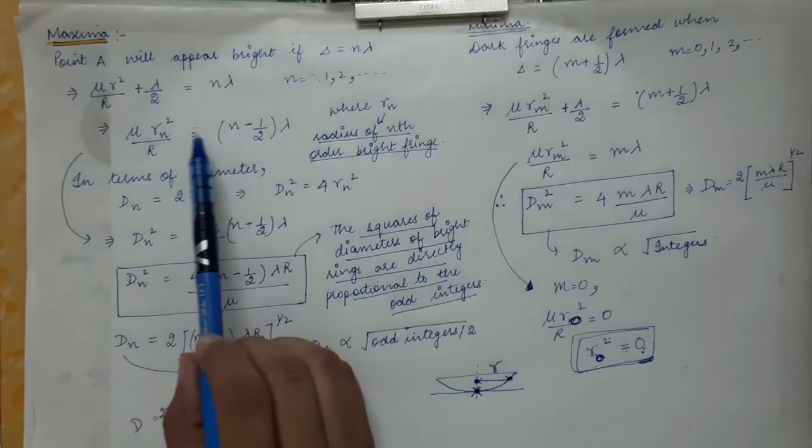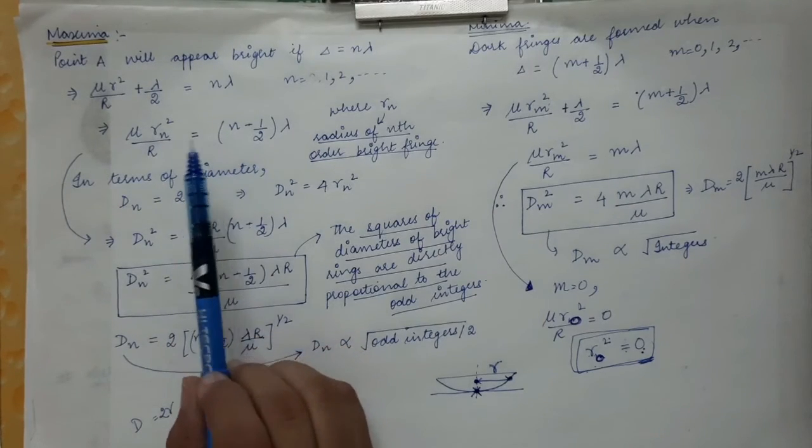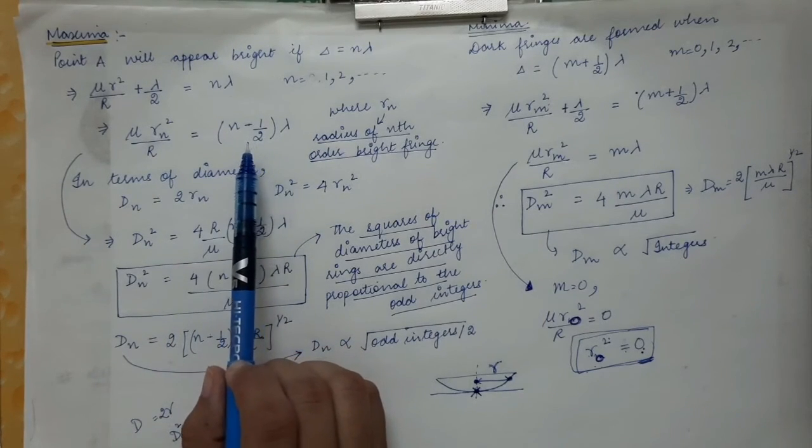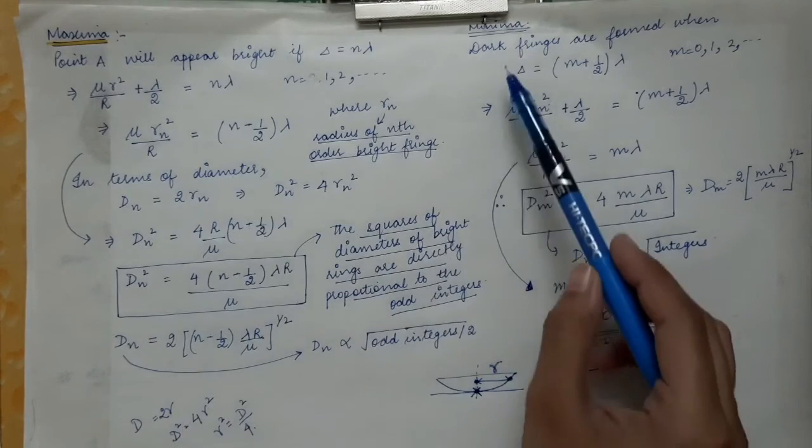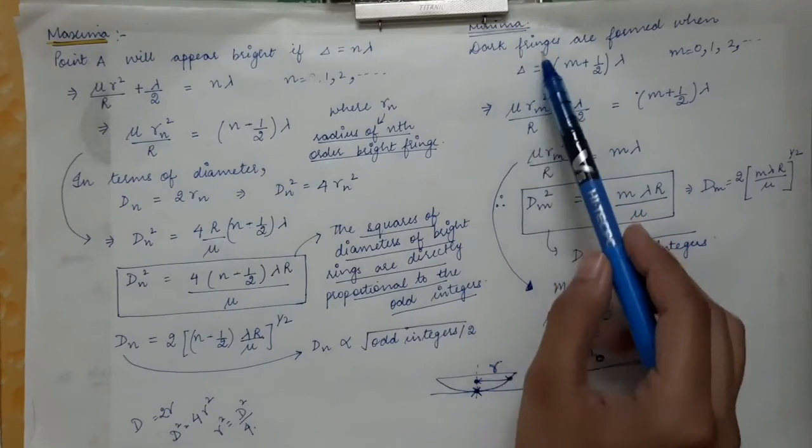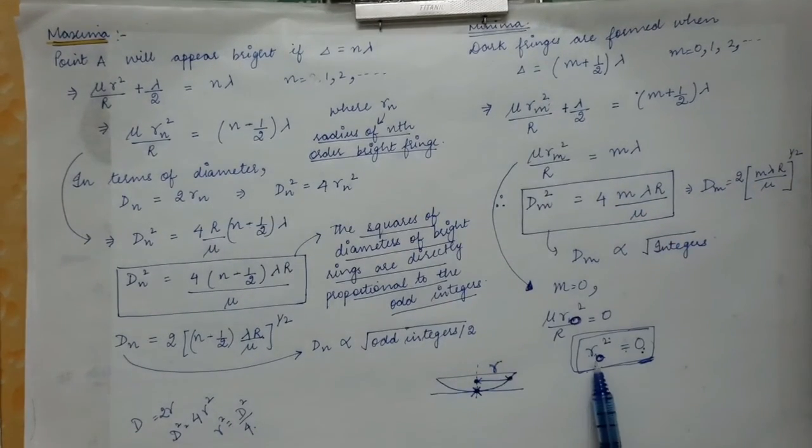So the first bright fringe is formed at some distance from the point of contact, whereas the first dark fringe, or the 0th order dark fringe, is formed at r equal to 0, meaning at the point of contact. So the central fringe for the air thin film in the case of Newton's rings is a dark fringe.